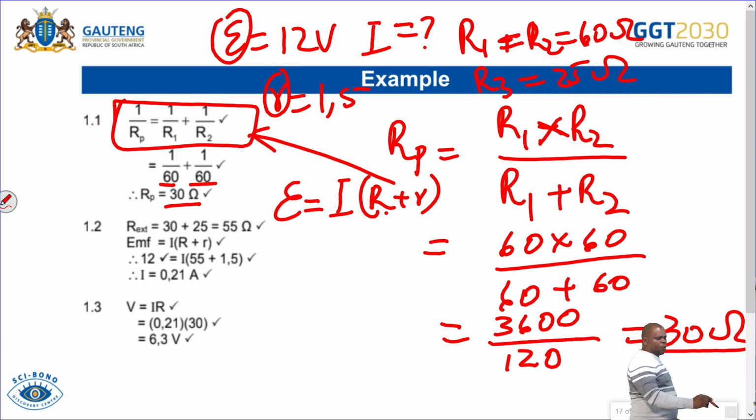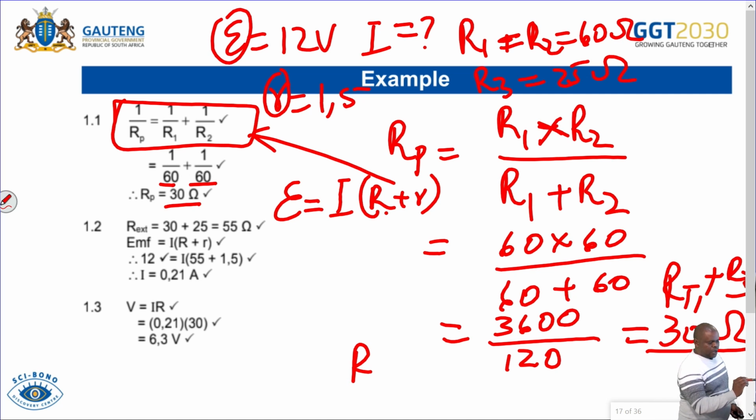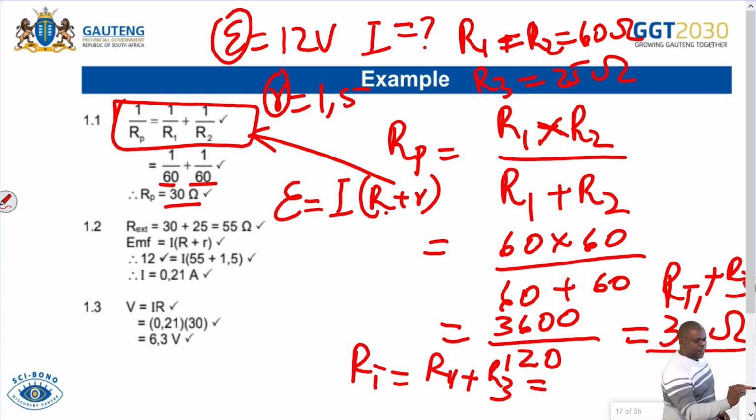Then from here, we can say this is R total 1, and then we add it to R3. We're going to say R total is equal to R for the parallel combination plus R3, which gives us 30 plus 25.